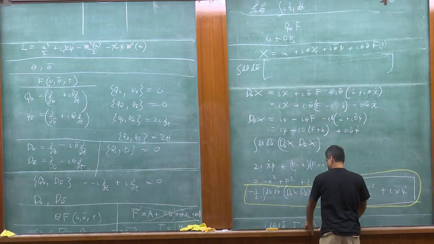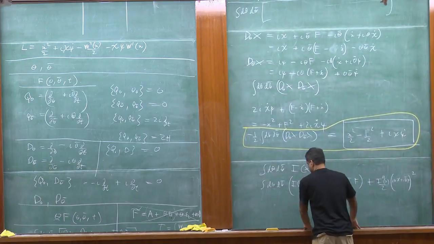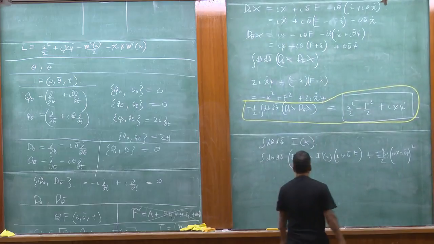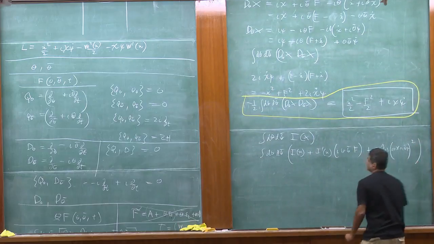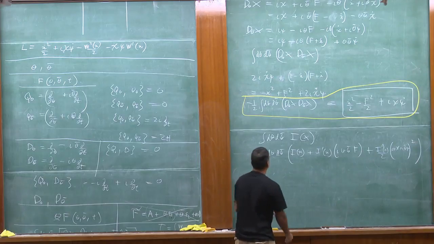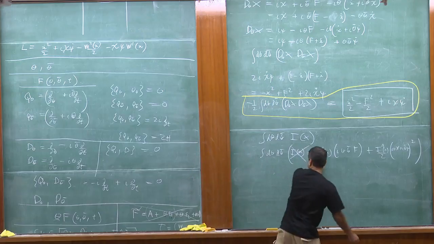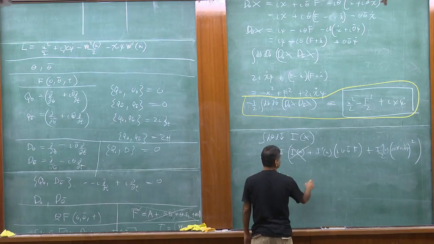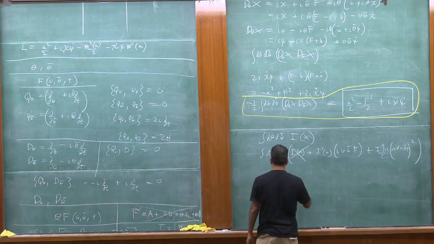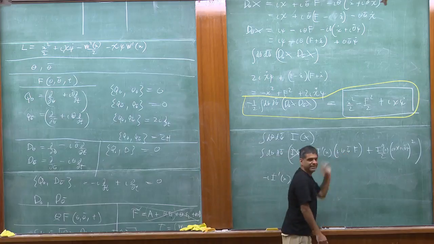Now we just simplify this. This term I didn't need to write because it's not going to contribute. This term by itself gives me I prime of x minus I prime of x, minus because d theta bar, and this was theta bar.